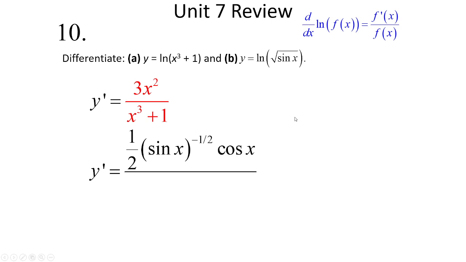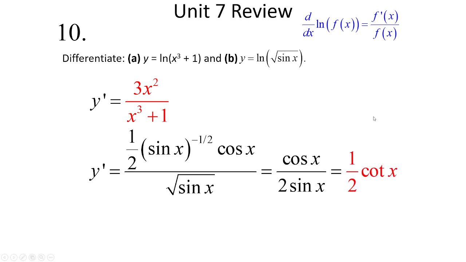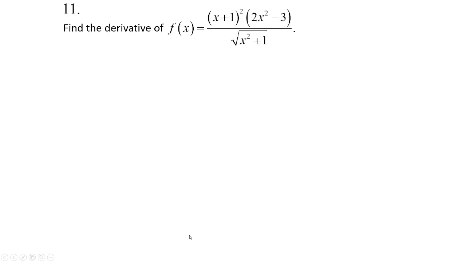Okay, and that's over sine to the 1/2, or root sine of x right there. And oh, I can bring this on down. So that's going to be a 1. I got the cosine up there, 1 cosine. And if I bring a root sine of x down, I just get sine of x. There's my factor of 2 there, so that looks like a 1/2 cotangent of x. Right on.